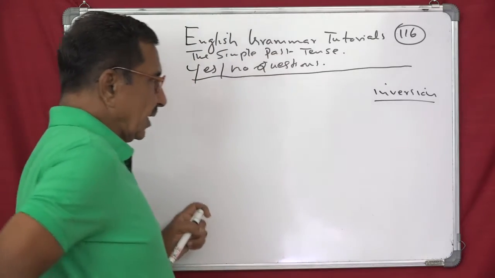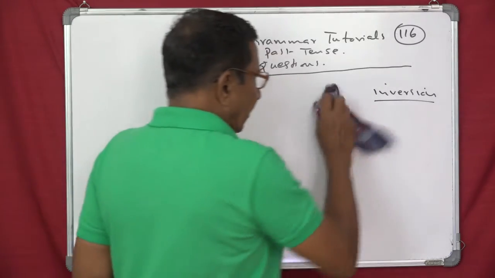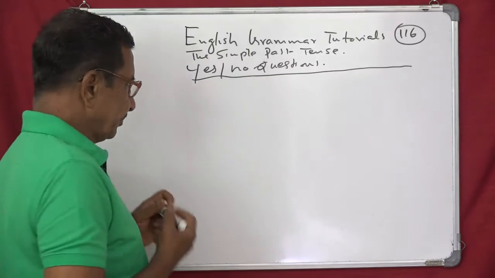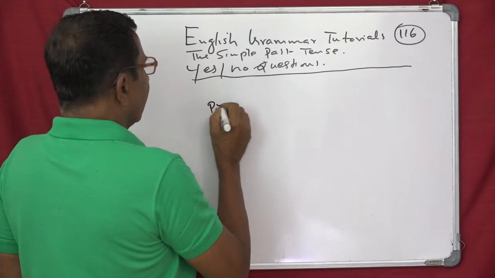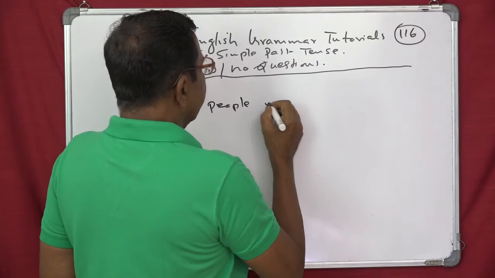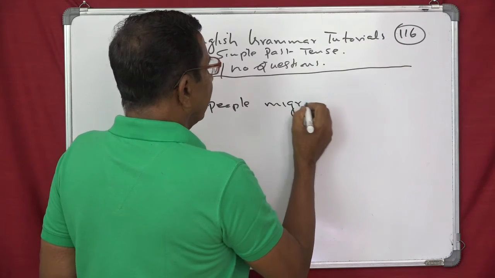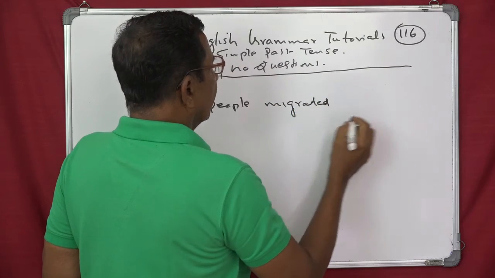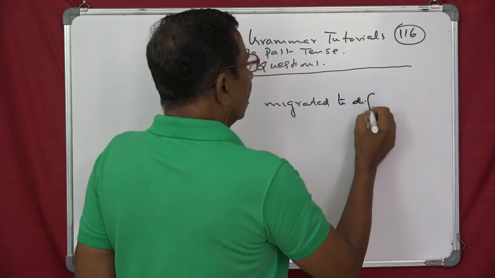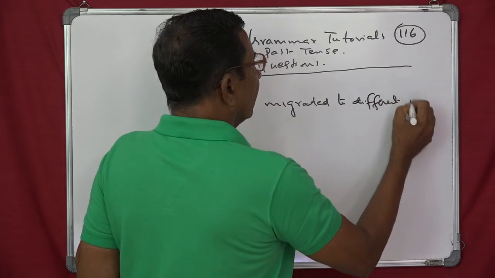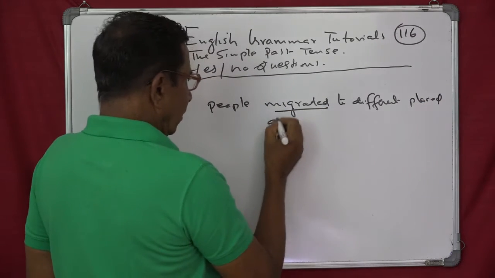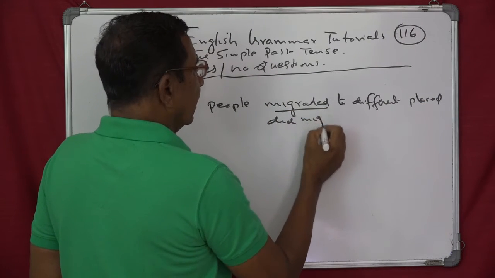So if you do some more sentences, then it becomes easier for you. As you can see, let's say, people migrated to different places. Now migrated is equal to did migrate.